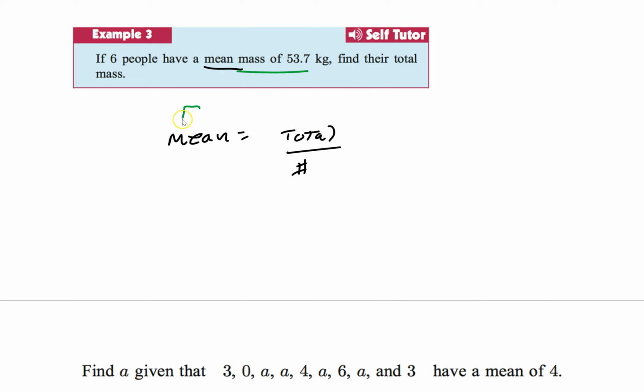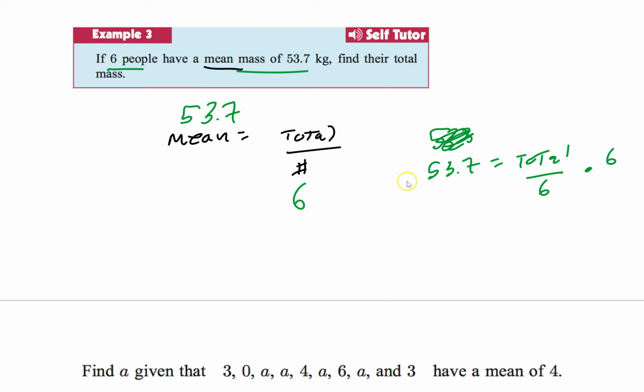So that's 53.7 over here. And it tells us how many values there are. 6. So that's right here. And this is what we're looking for, the total. So that's our equation. 53.7 equals the total over 6. Multiply both sides by 6. And you get some answer equals the total.